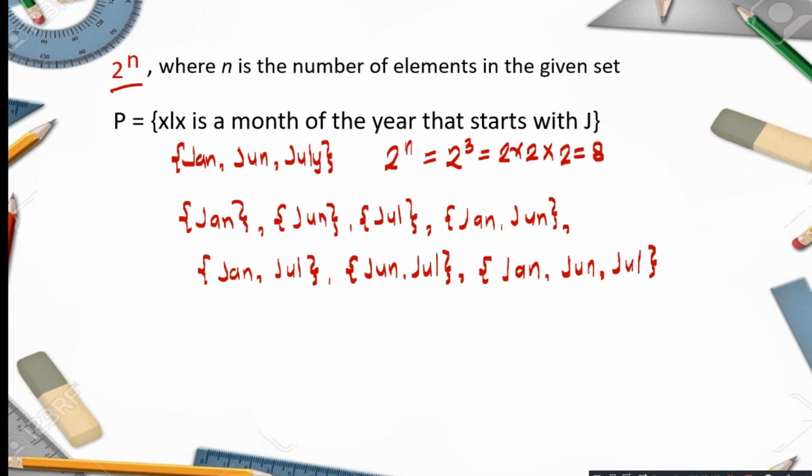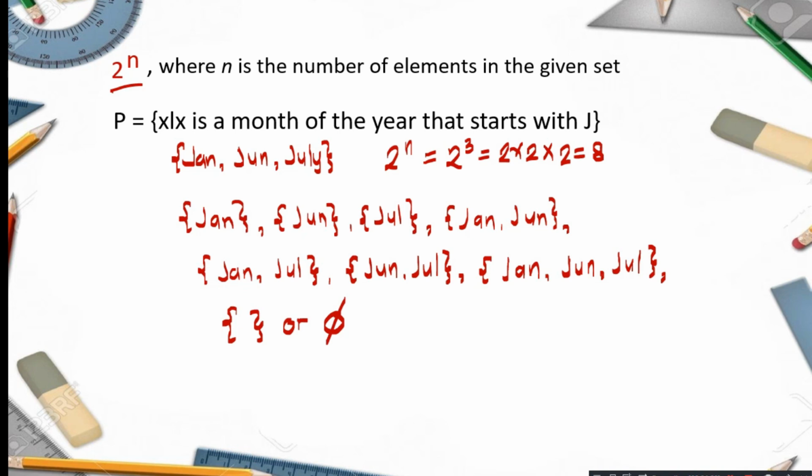It is because there is a rule that all sets have a subset which is equal to the given set itself. And there is another rule that implies that all sets have a subset which is an empty set, or what we call null set.